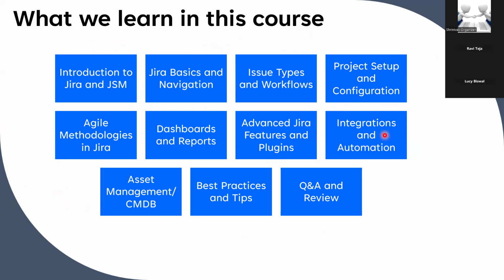Confluence Wiki is one of the key applications, a Jira key product, which is also developed by Atlassian. We can integrate Confluence with Jira. Asset management is one of the trending features in Jira, where we can store things like servers and all. Likewise, we can cover all these topics further.